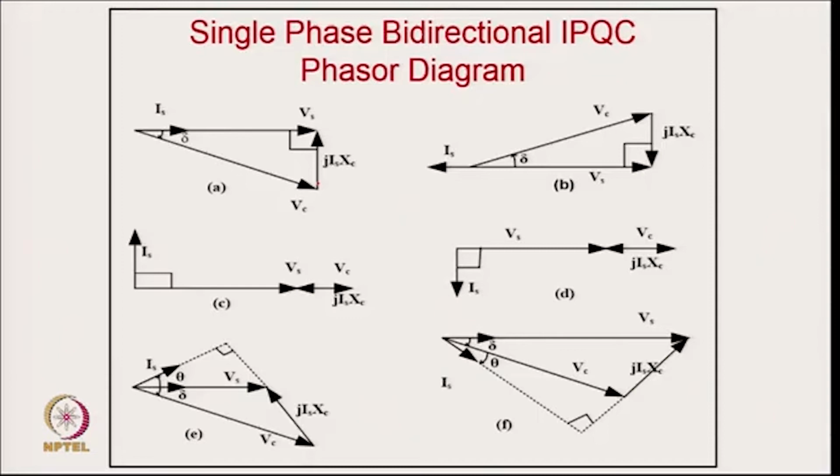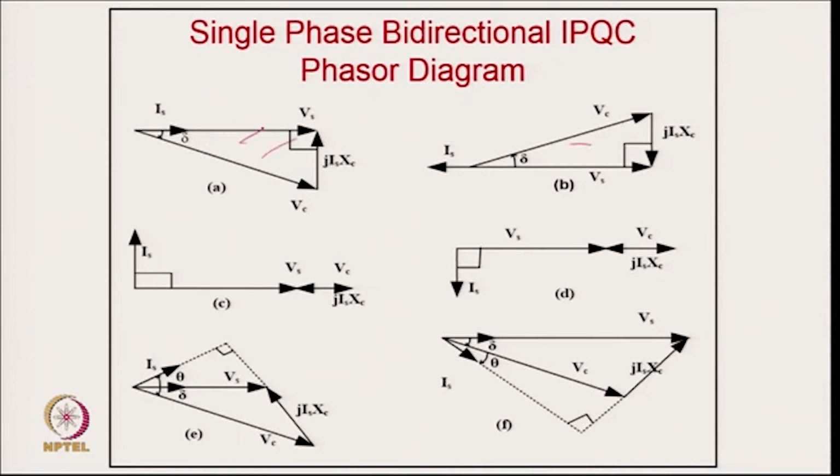Or you can have the phasor when the current is out of phase, which means you are feeding power to the grid. Voltage and current out of phase means power is negative, and in this case also you have a drop which is perpendicular to the current, and then this will be the Vc. So, here is how we discriminate between rectification and inversion.